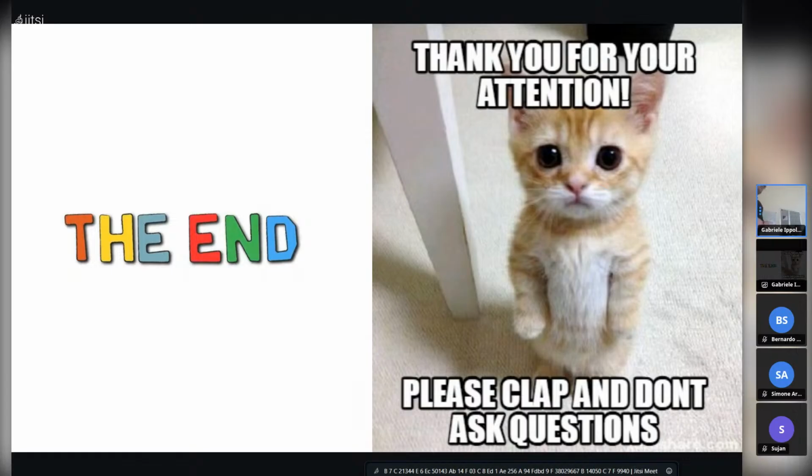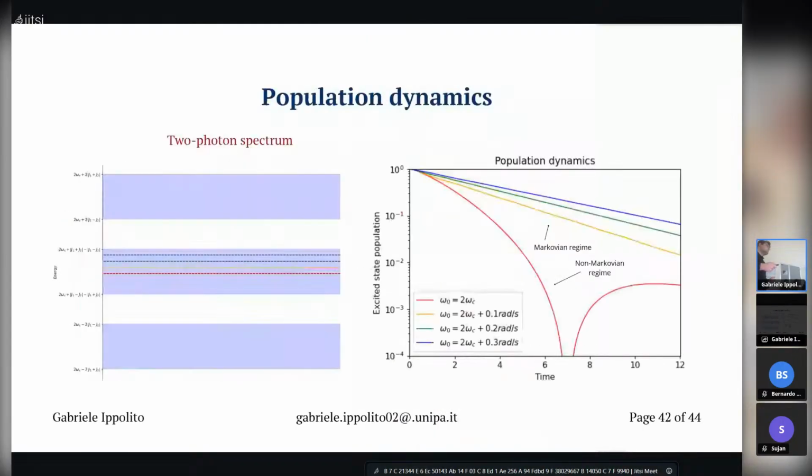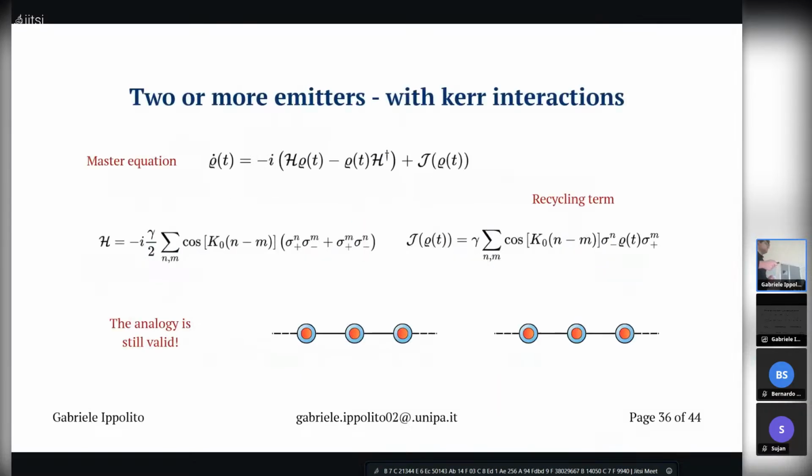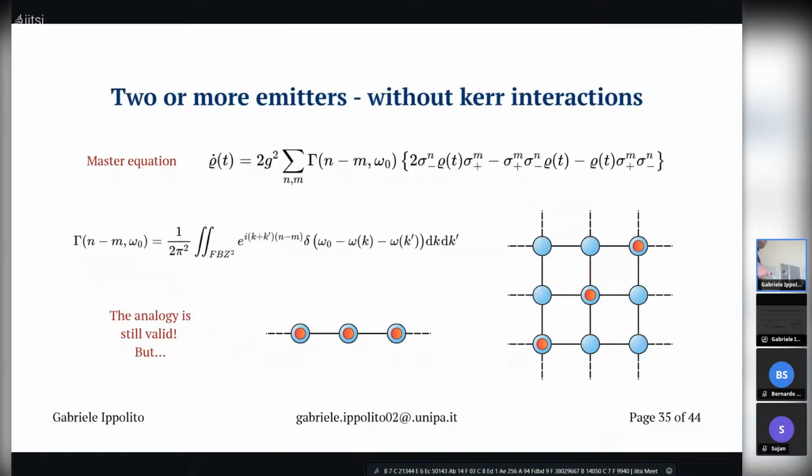Yes, of course. Since there is this kind of mapping between 1D and 2D, it might be interesting to look at the collective emission dynamics, like in the paper.